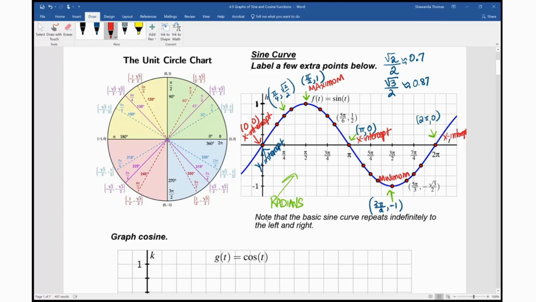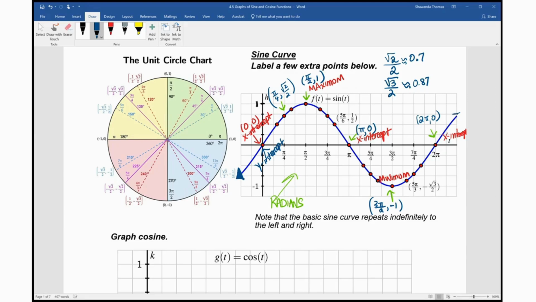Note that the basic sine curve repeats indefinitely to the left and to the right. Whenever you see your graph going off the edge, that means it's going on forever.